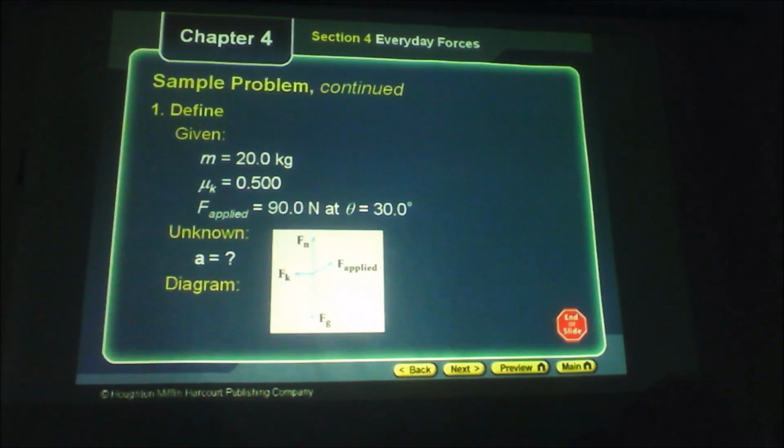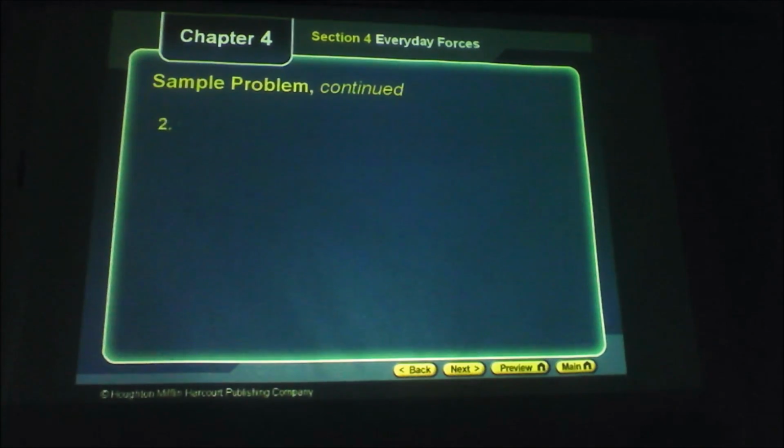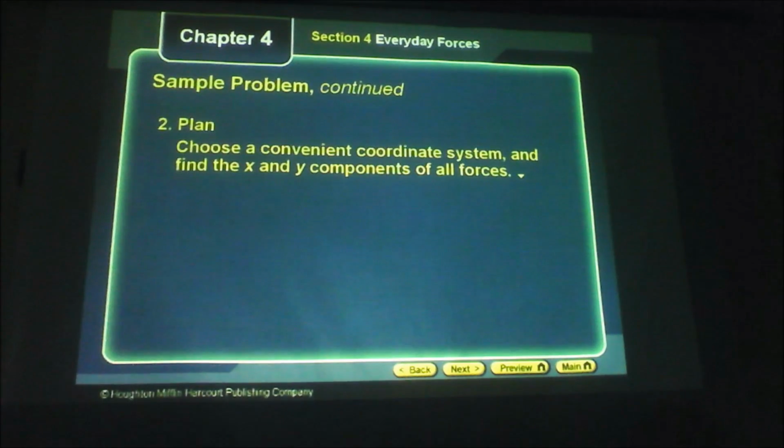Normal is pointing up in the opposite direction, and our force due to friction is F sub k, a kinetic force due to friction. Notice it's pointing in the opposite direction of the applied force of him pulling on the rope. All right, so first we need to choose a convenient coordinate system. Remember last time we said the most number of forces that will lie exactly on the x and y coordinate axes, that's where you want to choose your coordinate system.